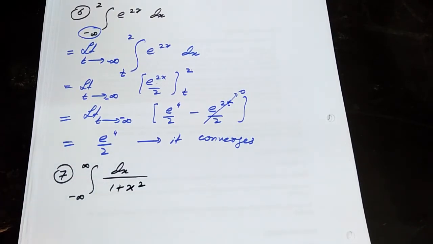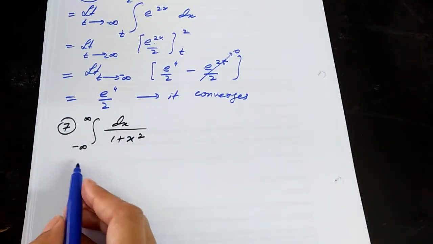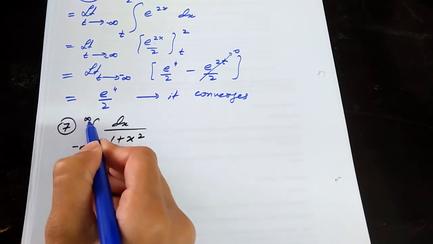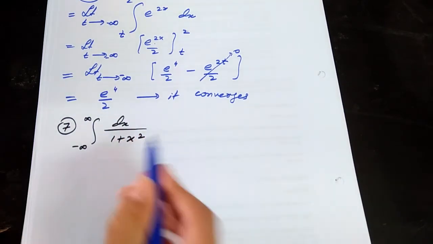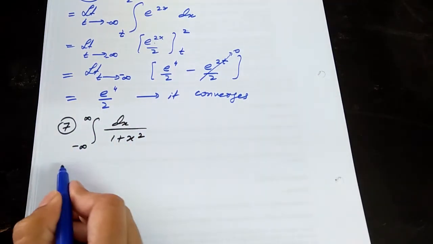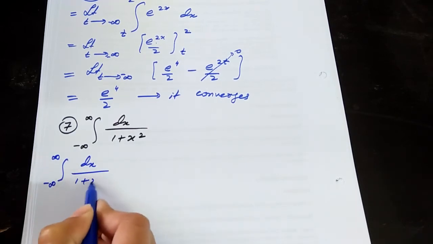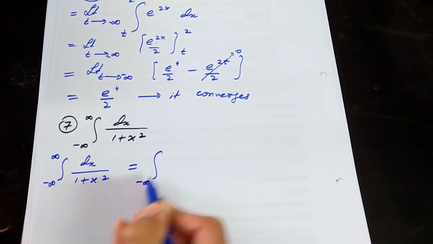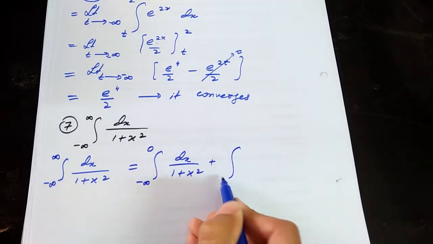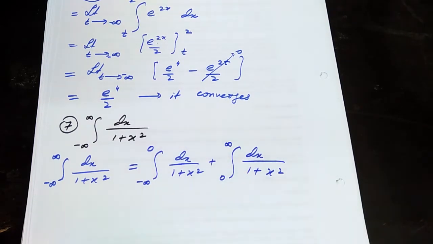Now this is the other definition that I discussed with you in part 1. If we have an integration with limits of integration from negative infinity to infinity, then we need to break our integral into two parts, from negative infinity to 0 and 0 to infinity. So this will become negative infinity to 0, the same function, plus 0 to positive infinity, the same function, like this.